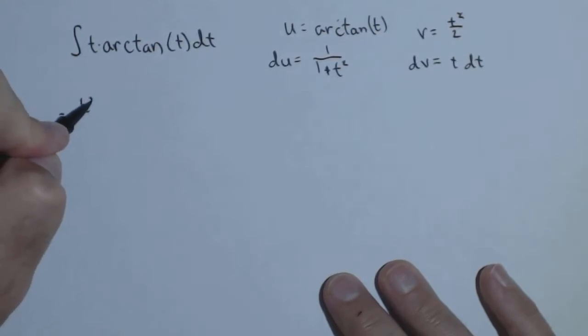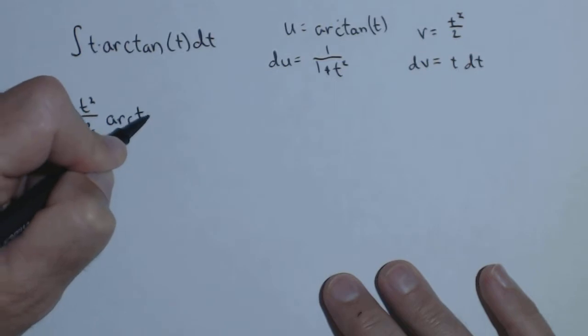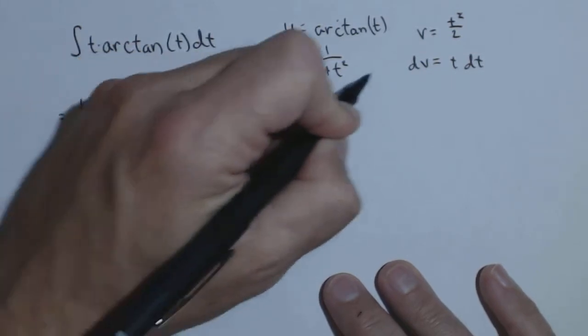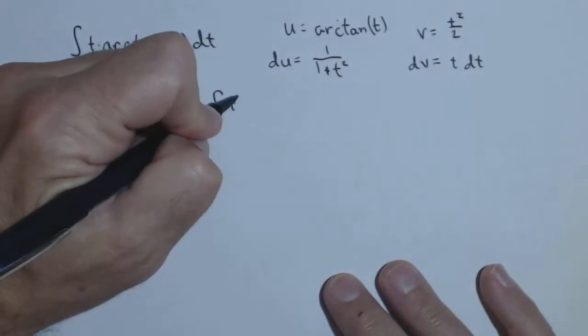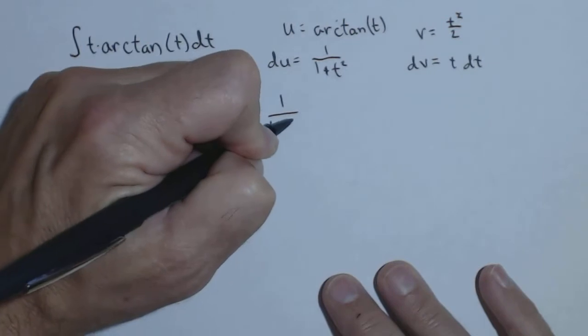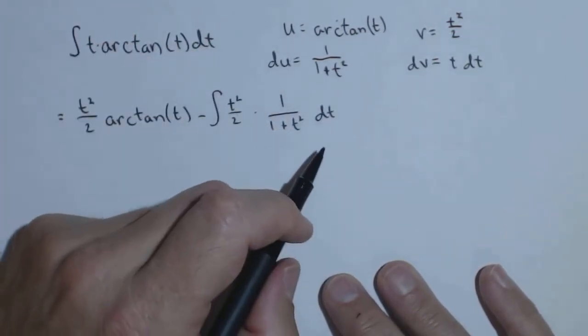So we have t squared over 2 times arctan of t minus the integral of v du, which is t squared over 2 times 1 over 1 plus t squared dt.